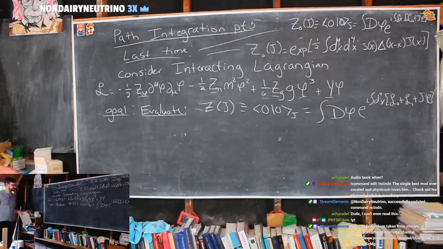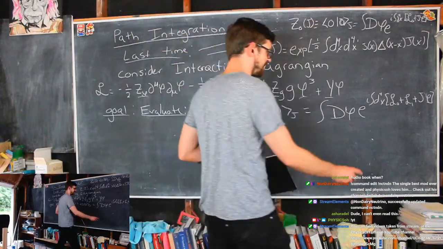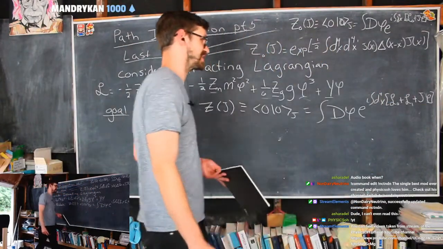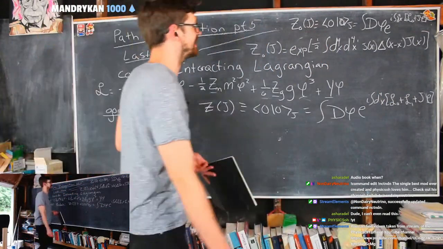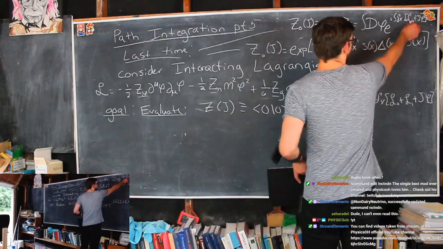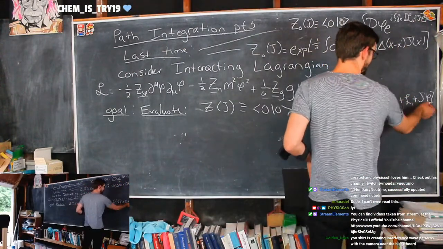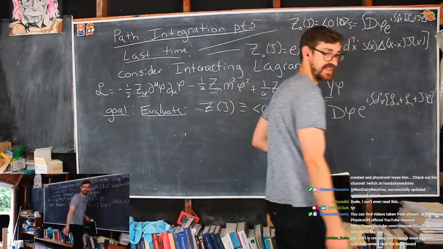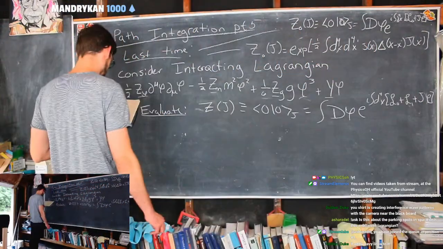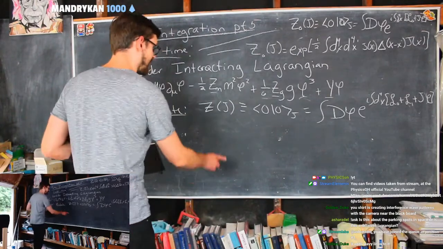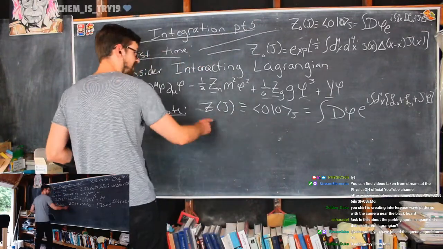We did this in week 2, where we laid this out as an interaction Lagrangian term. So we have what we did last week, where we see our base Lagrangian and then our source. And now we have the base Lagrangian and the source plus this interaction term. We have to evaluate this integral.